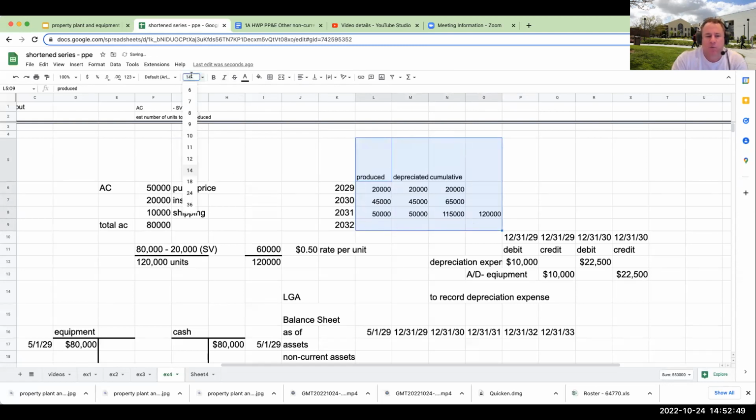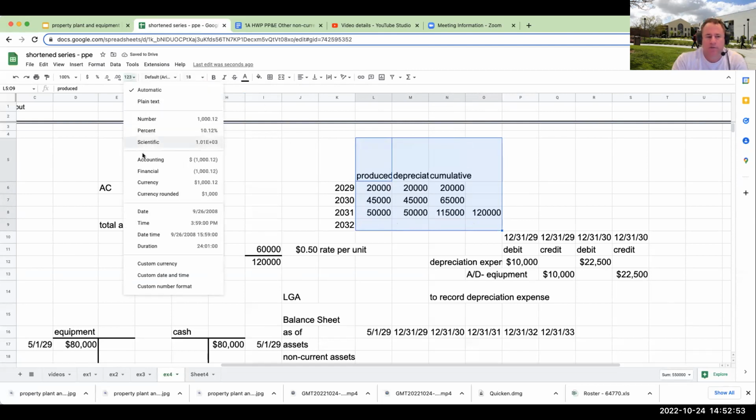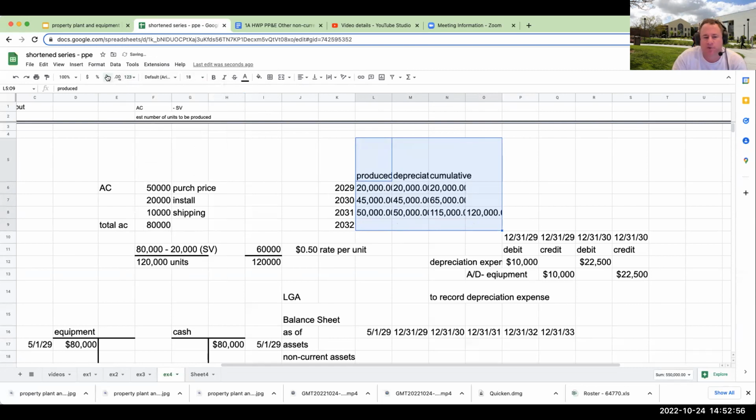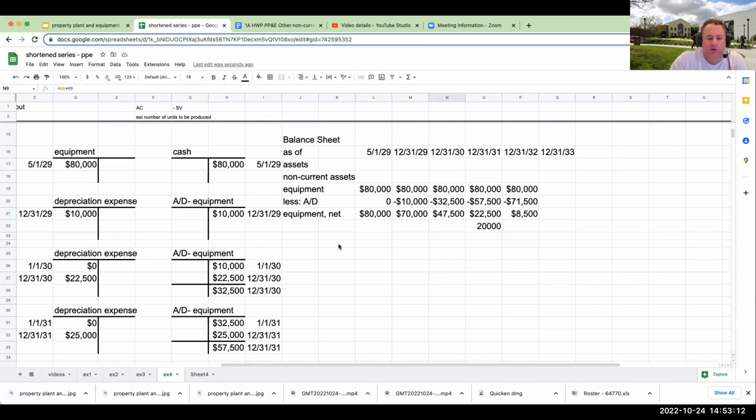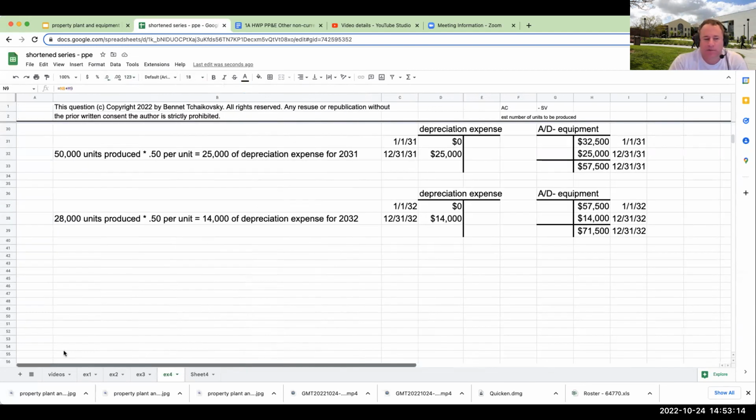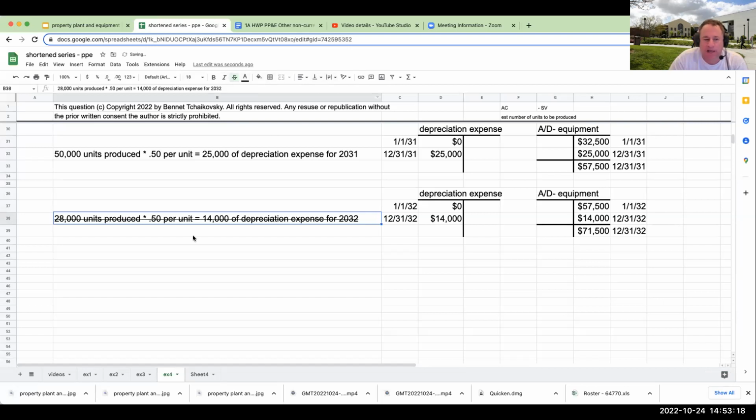So even though I went through and I produced a total of 28,000 units for this particular year, I can only depreciate 5,000 of them. And why? Because my cumulative units cannot go beyond 120,000, or I end up over depreciating the asset. So if I come down over here and I take a look at this, that's not going to work, right? That doesn't work for me.